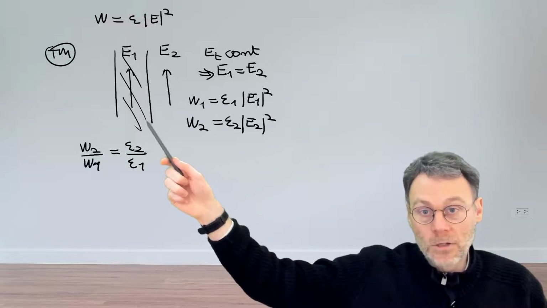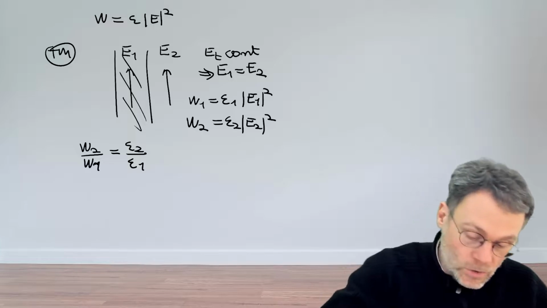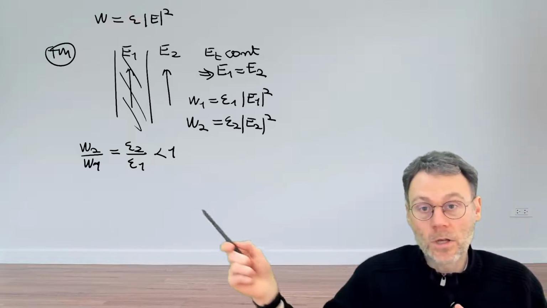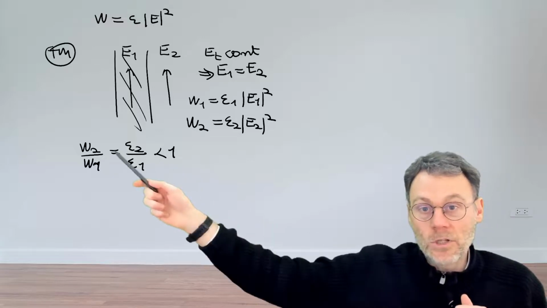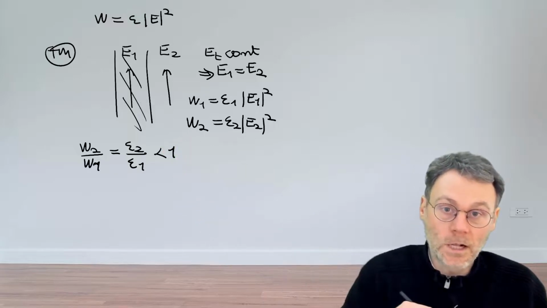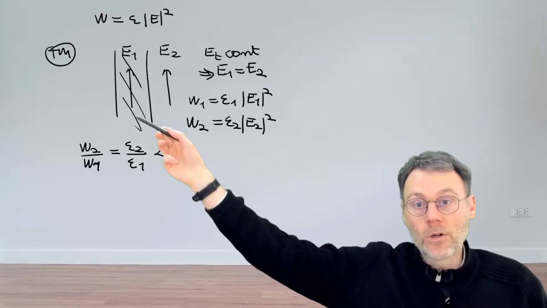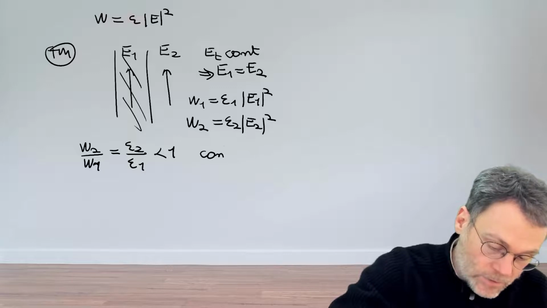And since epsilon 1, the constant of the rod, is actually the bigger one, this is going to be a number that's smaller than 1. And the larger the index contrast, the smaller this number is. So this means that the energy in the air is much smaller than the energy in the rod itself. So this leads to a situation where the electric field is very much confined in the rods. So here we have a situation of confinement.